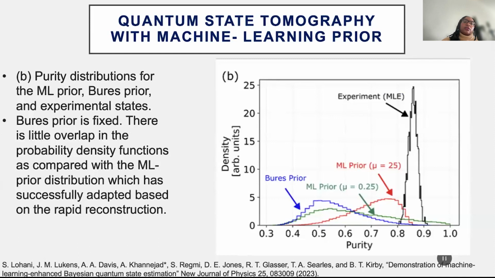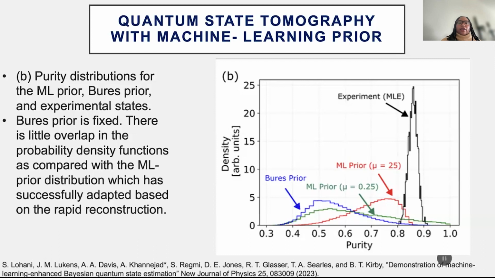Figure B gives you a better idea of the advantages of the machine learning prior. It shows the probability density function of purity for the fixed BRS prior, which is in blue, the ML prior in red and green, and the density matrices from the experimental data with the maximum likelihood estimation in black.